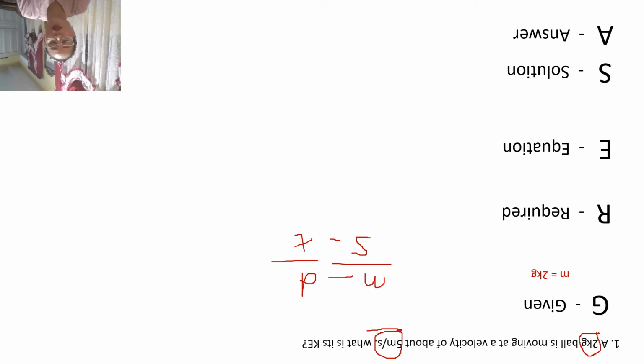Always remember that if the unit is distance over time, it is automatically the unit of velocity or speed. Pwede siyang meter per second, meter per minute, meter per hour, or kilometer per hour, kilometer per minute, kilometer per second. Those are the units of velocity or speed.